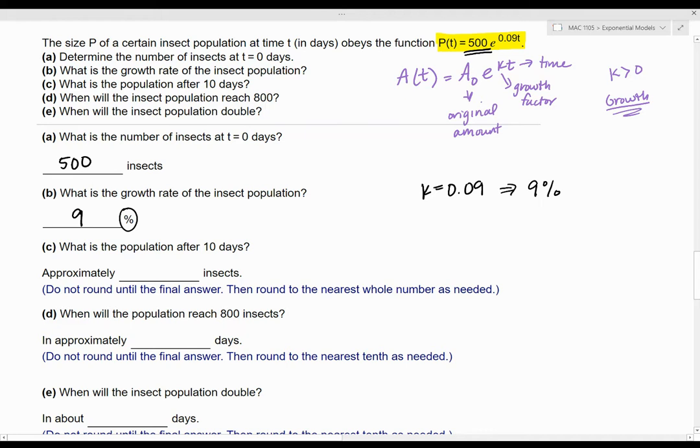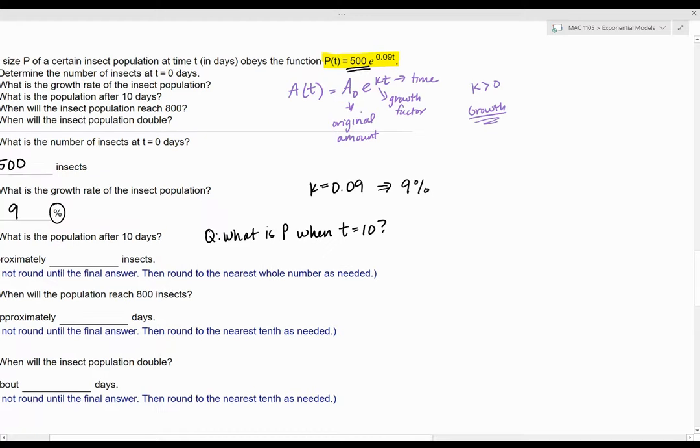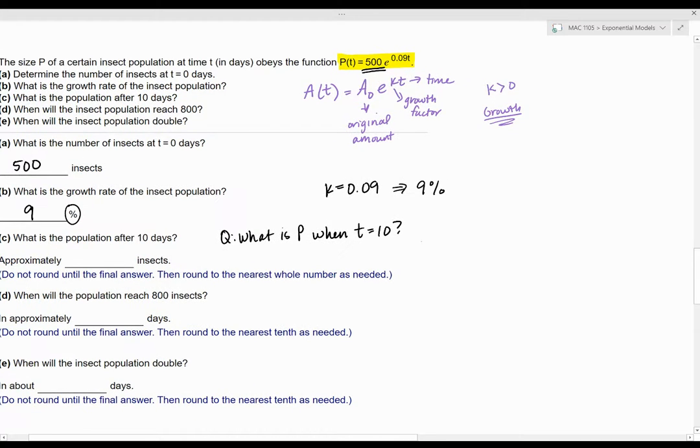Okay, let's look at C. C says, what is the population after 10 days? So 10 days is our time. Another way to say it is, what is P when t equals 10? We have our function already, so we can simply plug that in.